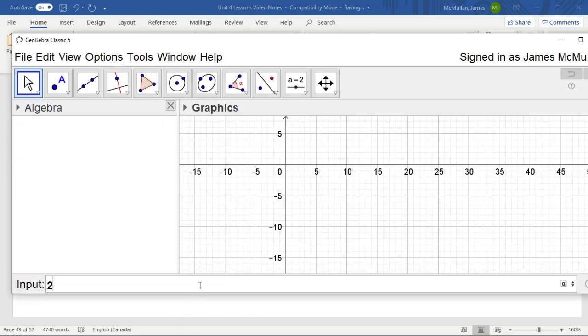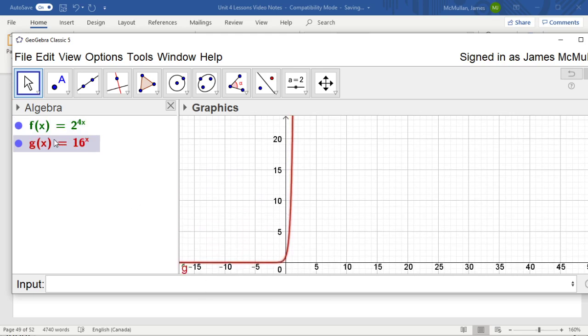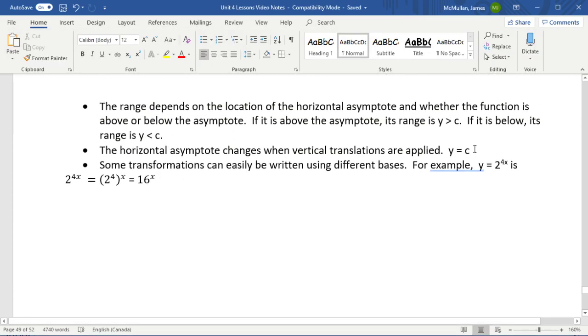Let's just demonstrate that quickly. 2 to the 4x is there, and then watch when I draw 16 to the x, it's the exact same graph, right? So maybe you could look at this question and go, I could do this with a k value of 4, or I could just do it with no k value and change the base to 16, right?